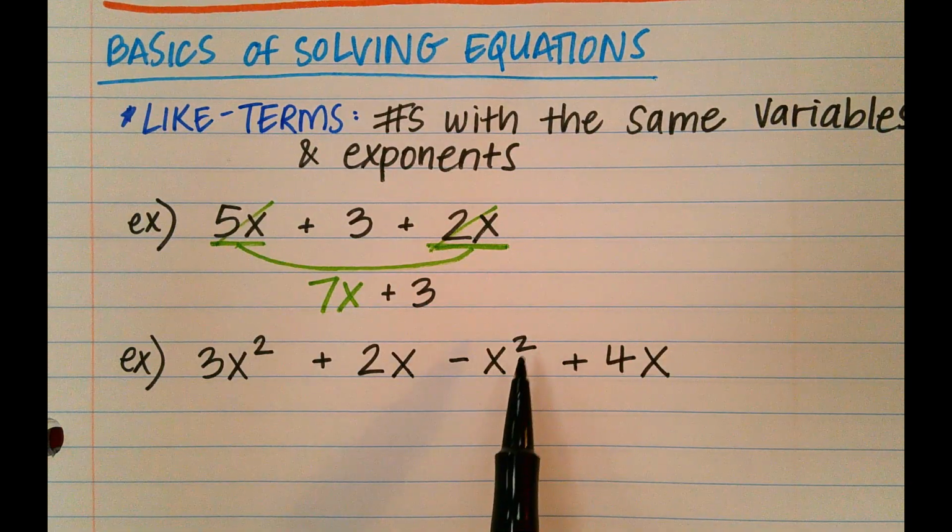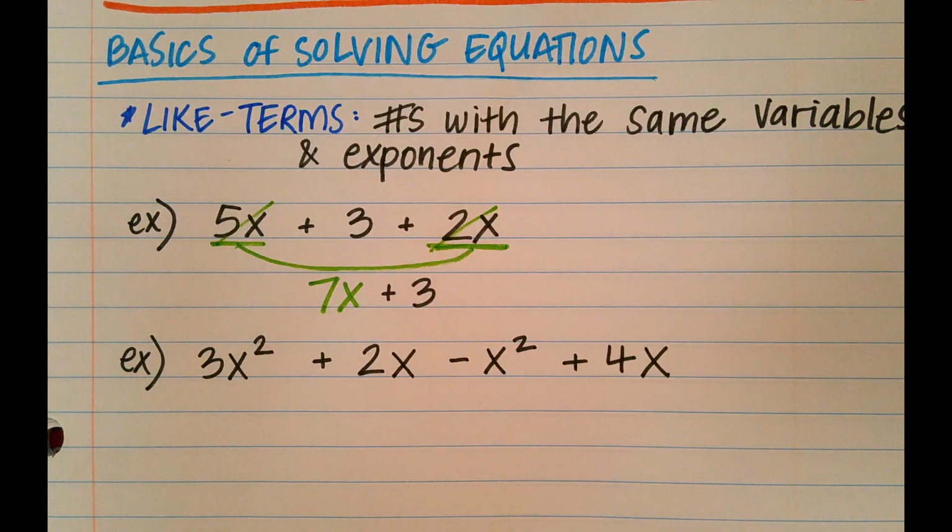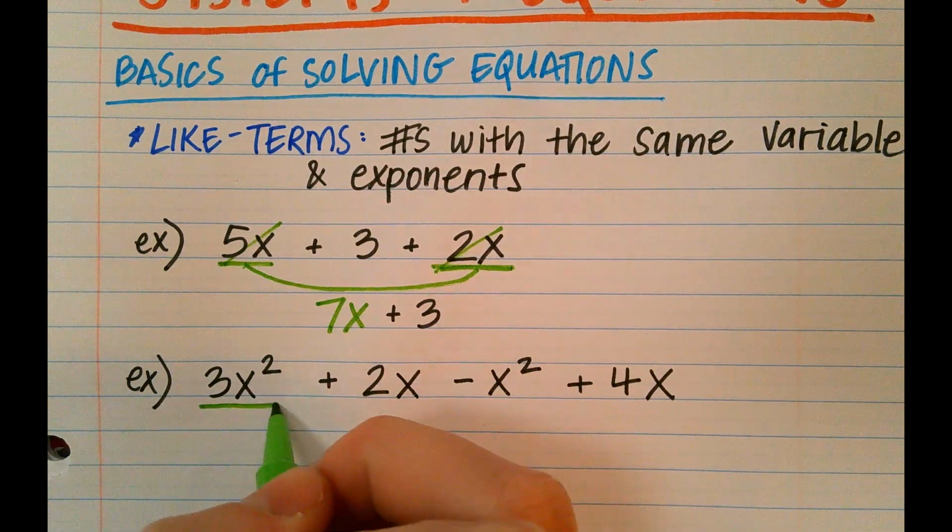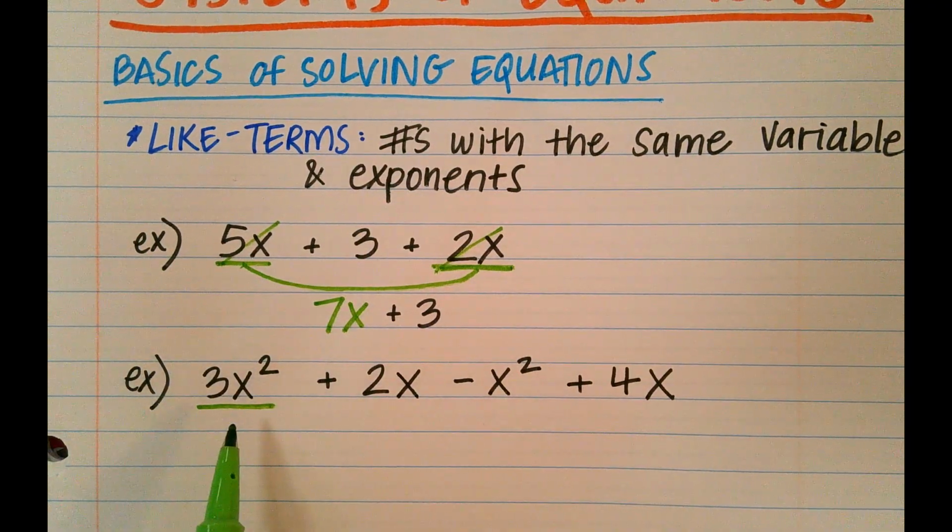Minus x squared is a term. Plus 4x, that's a term. There's 4 of them. Of these terms I've just written, if I start with my first term, 3x squared, let me underline that. This is my first term. What can I combine with this? What's a like term in this problem?